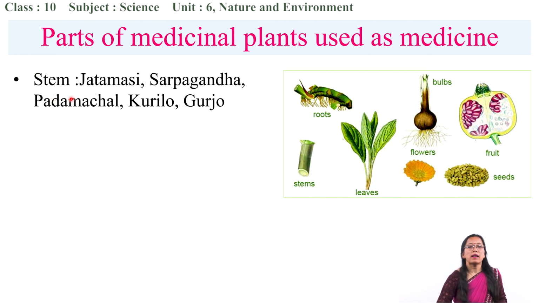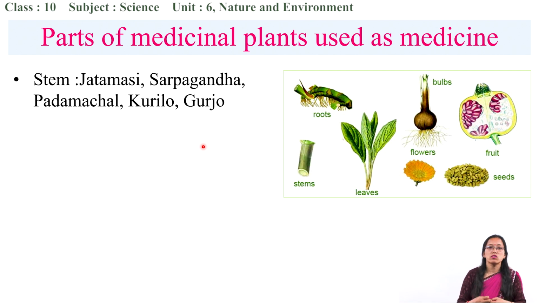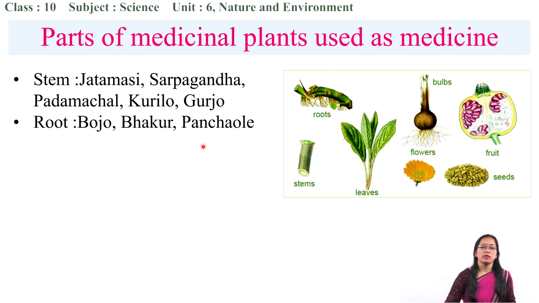Stem used plants like Jatamasi, Sarpagandha, Padamsal, Kurilo, Gurjo, etc. These plants' stems are used to prepare the medicine. Or directly those stems may be consumed, or used as a raw material for preparing Ayurvedic medicine.